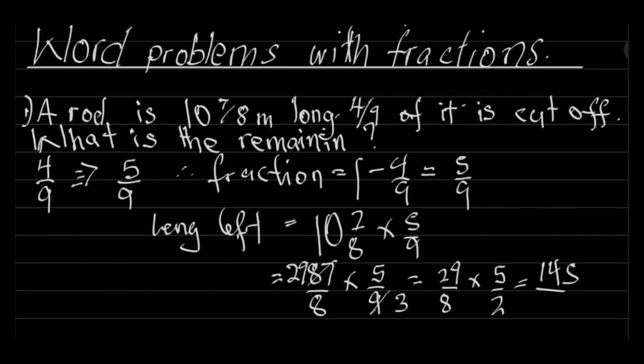And then 8 times 3, not 2. 8 times 3 will give us 24. And like we solved earlier, this would give us 6 whole number 1 over 24. So that is our final answer.